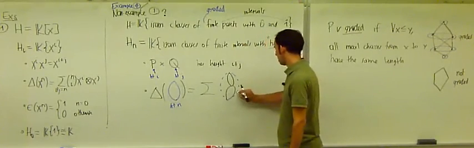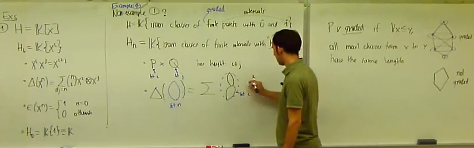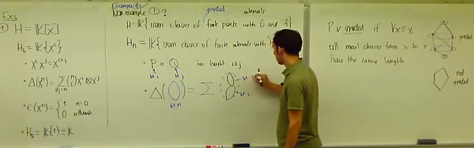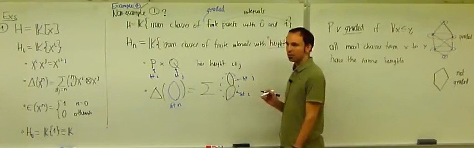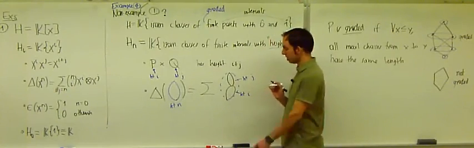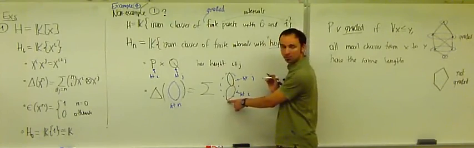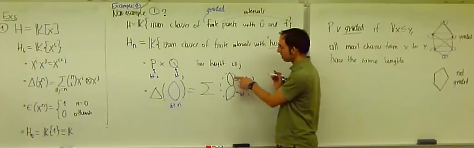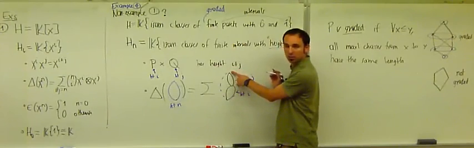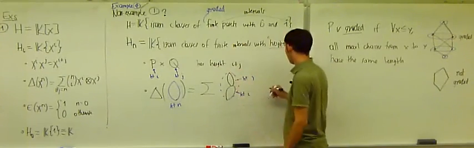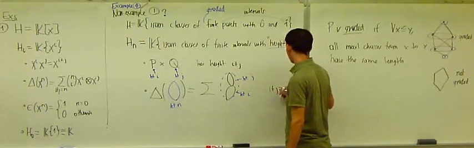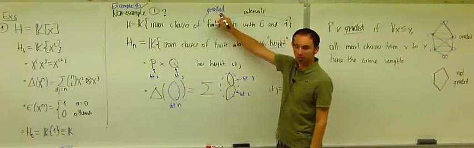And if this has height I and this is height j, then if we are graded, that means that this is at level 0, this is at level I, this is at level I plus j. Okay? And so I plus j is equal to n. If we're graded.